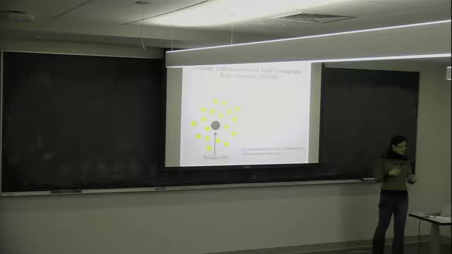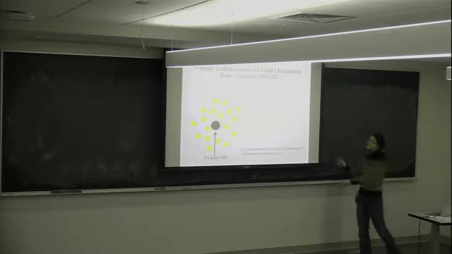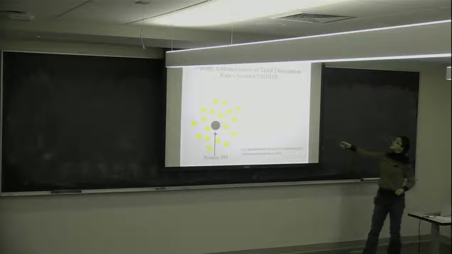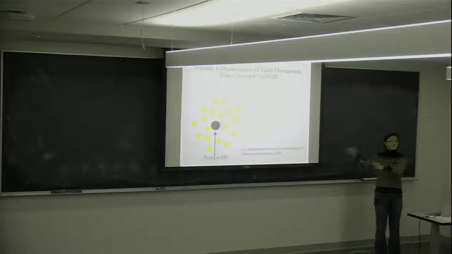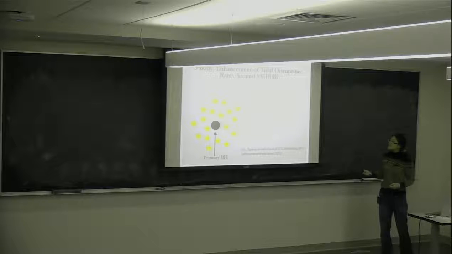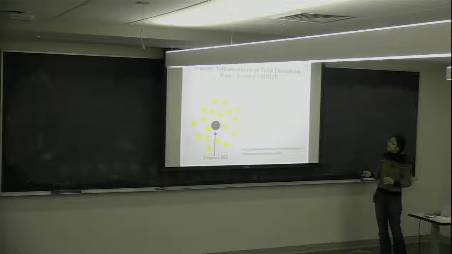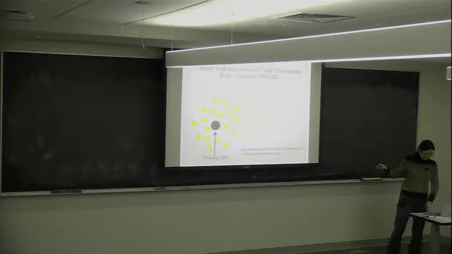So it's important to use these dynamical mechanisms to probe the properties of these closely separated supermassive black hole binaries in galactic centers. The hierarchical three-body interactions can change the profiles of stars around the supermassive black hole, which can help determine the existence and properties of the supermassive black hole binaries.